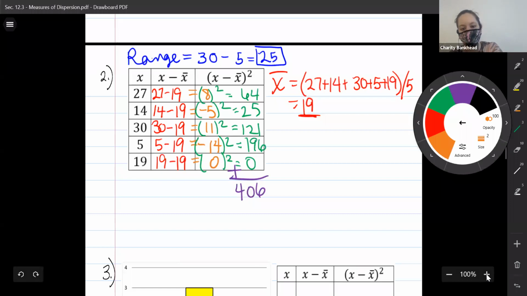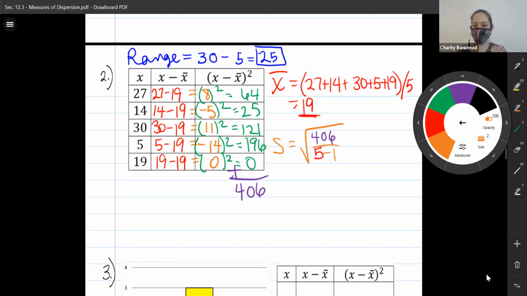So the standard deviation equals the square root of 406 over n minus 1, and in this case n is 5, so 5 minus 1. So the square root of 406 divided by 4. So the standard deviation is approximately equal to 10.07.